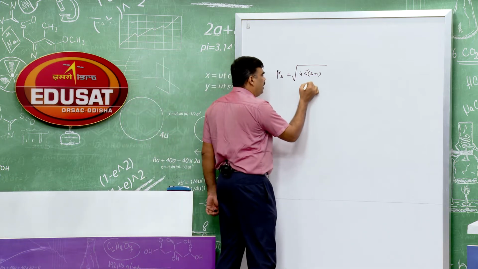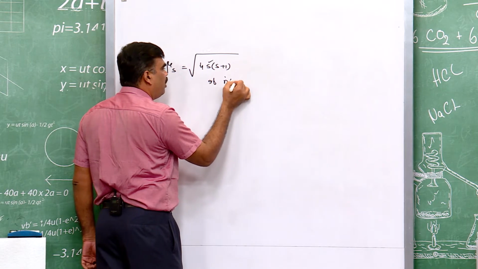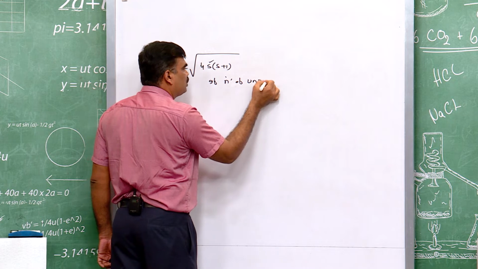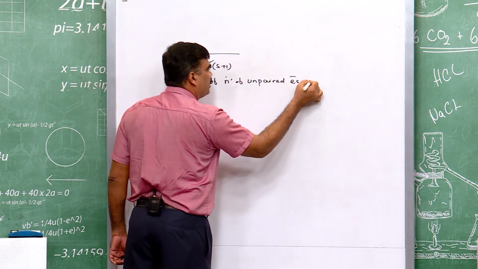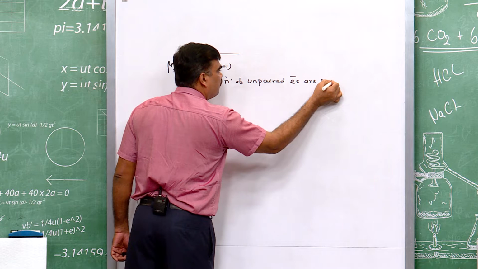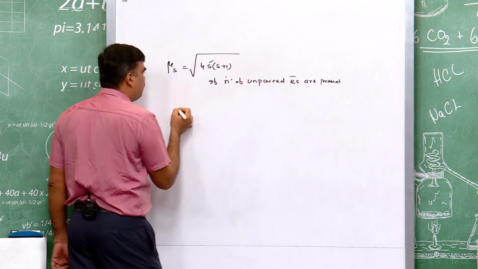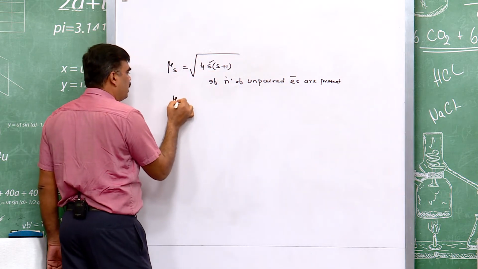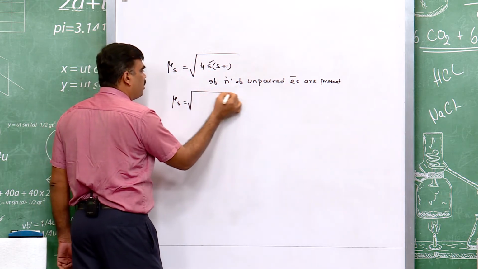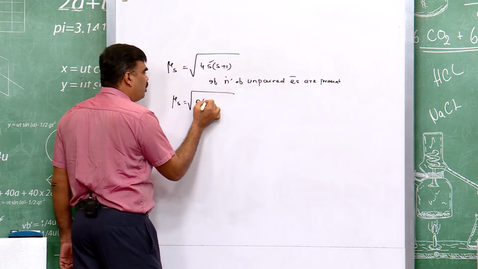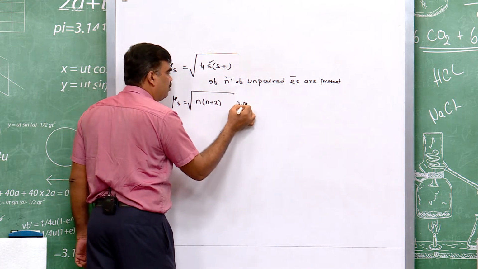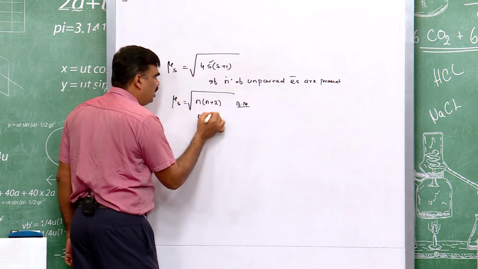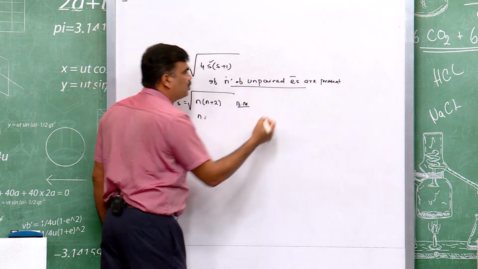So if n number of unpaired electrons are present, then the direct formula is mu s equal to root over n(n+2) BM. BM means Bohr magneton, n means number of unpaired electrons.